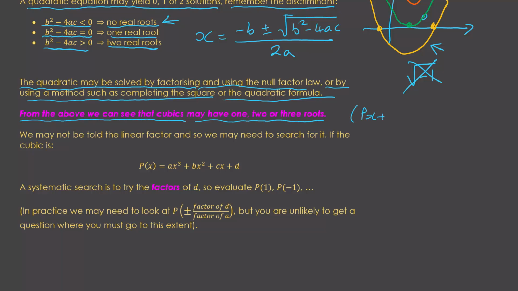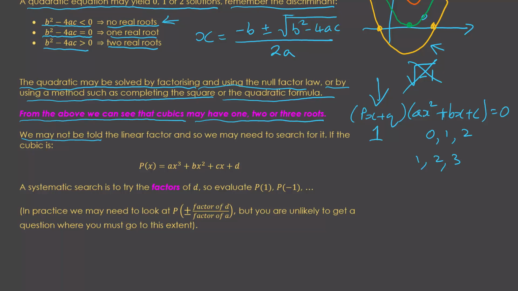If we've got (px + q)(ax² + bx + c) = 0, then one root will come from here, and from the quadratic, as just discussed, 0, 1 or 2. So if we add the roots, we get 1, 2 or 3.